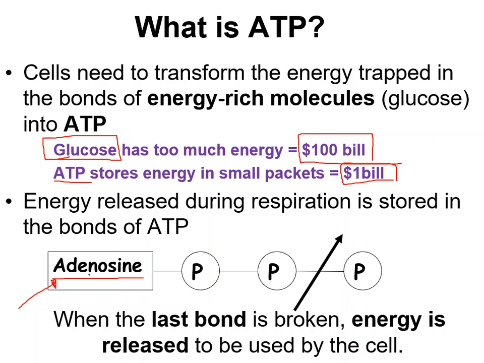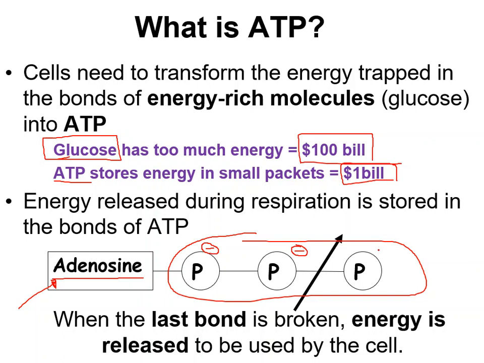It's just a modified nucleotide is really all it is. There's a sugar in here too, but what I want to draw your attention to is the triphosphate, right? The T and the P, the triphosphate. These phosphates have a negative charge on them, and they want to repel each other. Negative charges will repel other negative charges.